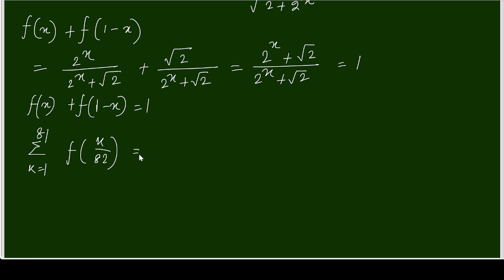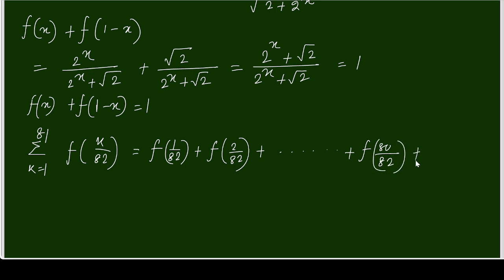So this is nothing but f of 1 over 82 plus f of 2 over 82, and so on, f of 80 over 82, and the last term is f of 81 over 82.